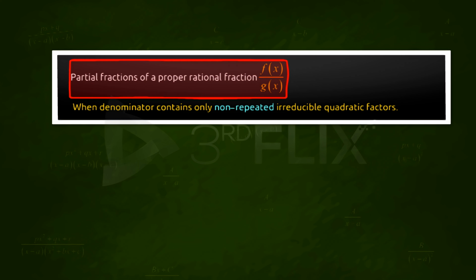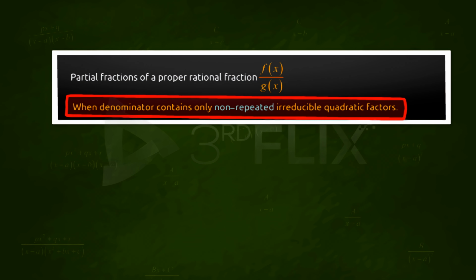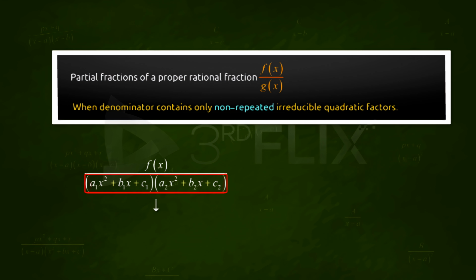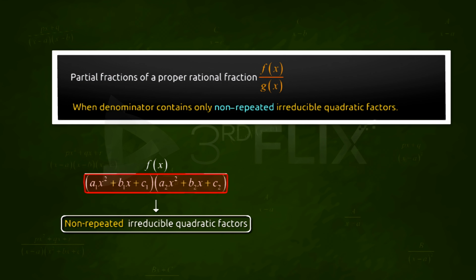Partial fractions of a proper rational fraction f of x divided by g of x when the denominator contains only non-repeated irreducible quadratic factors. Suppose we have a fraction with denominator containing non-repeated irreducible quadratic factors.